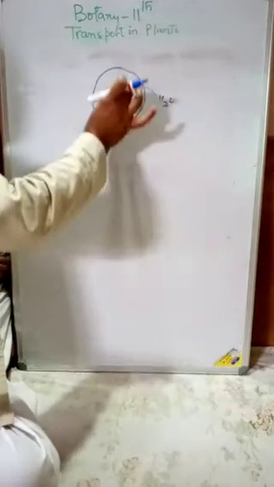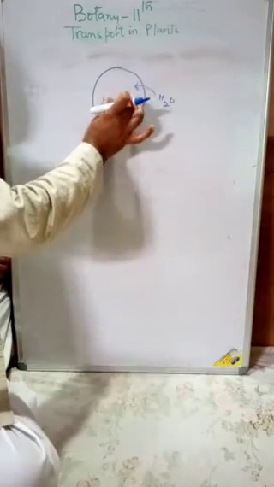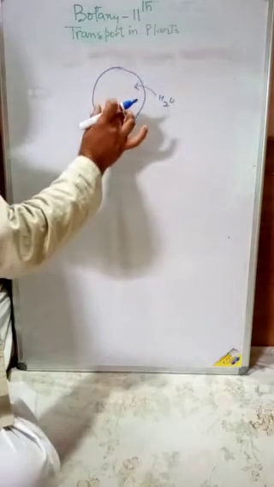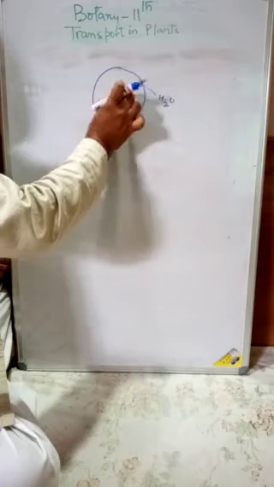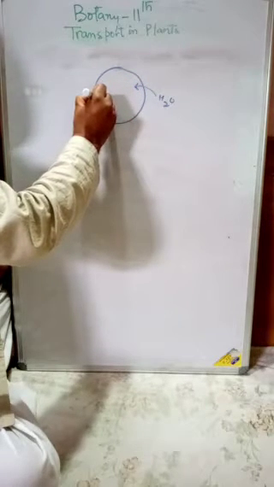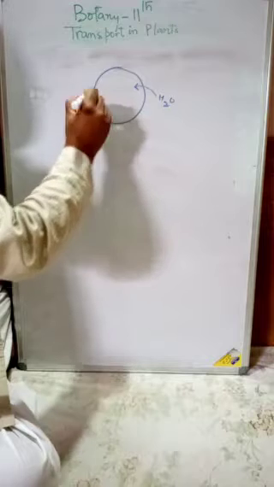So the excess water that goes inside this cell, those water molecules exert pressure on the walls of this cell.